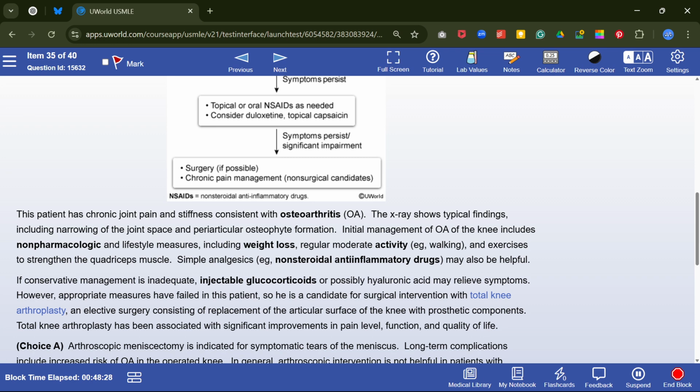Simple analgesics and NSAIDs may also be helpful if conservative management is inadequate. Injectable glucocorticoid, possibly hyaluronic acid, may relieve some symptoms.